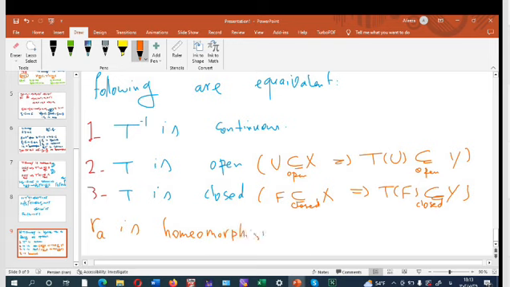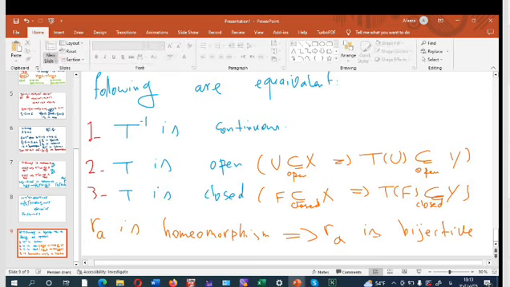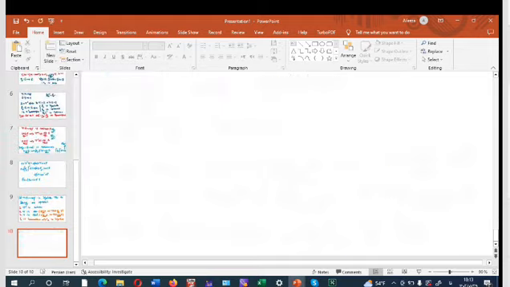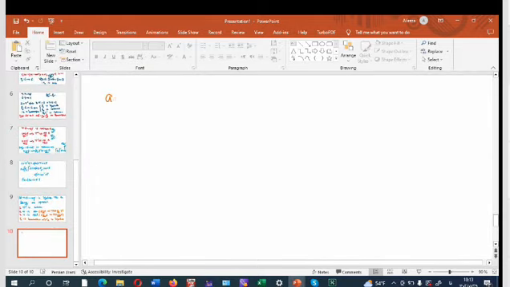Okay, so R_a is bijective, and the inverse of this function is continuous.